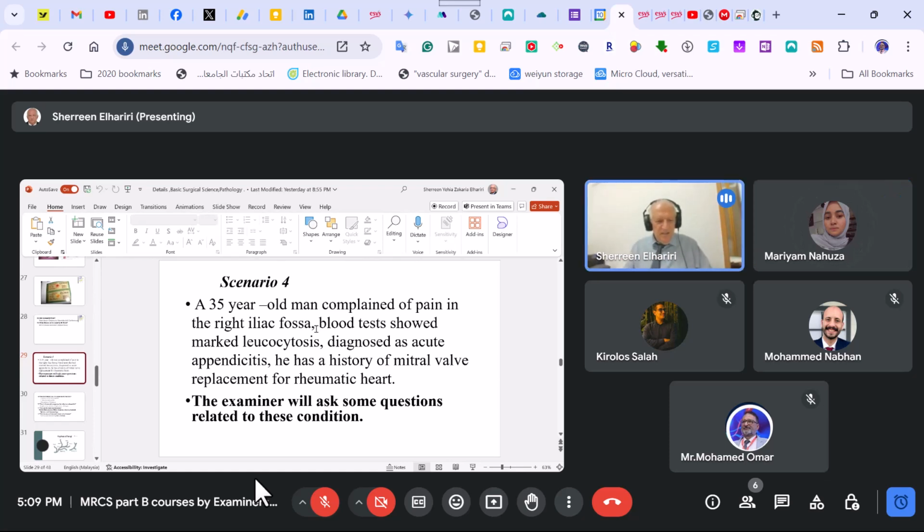Okay, so first question: what is the problem you can face during surgery in this patient because of the mitral valve replacement? So could have arrhythmias. Could have what? Arrhythmia. No, we speak about it from a surgical point of view, not cardiothoracic or cardiac. It is not physiology, it is pathology.